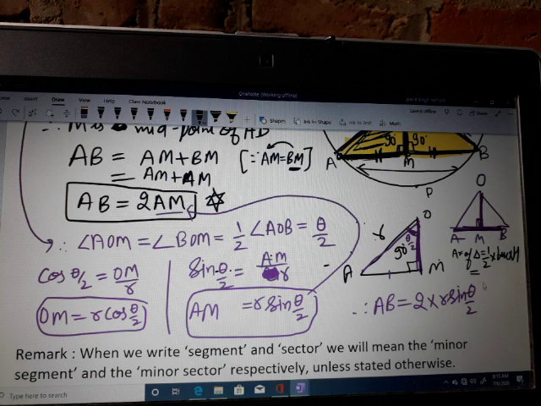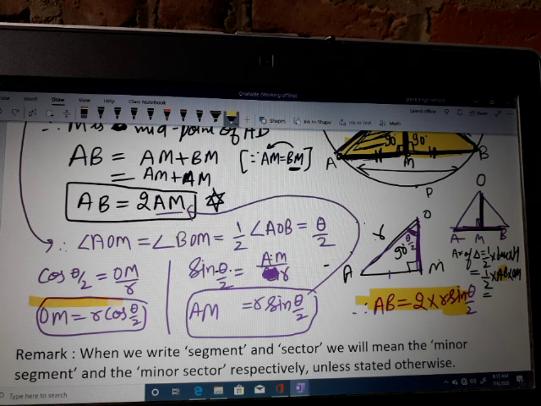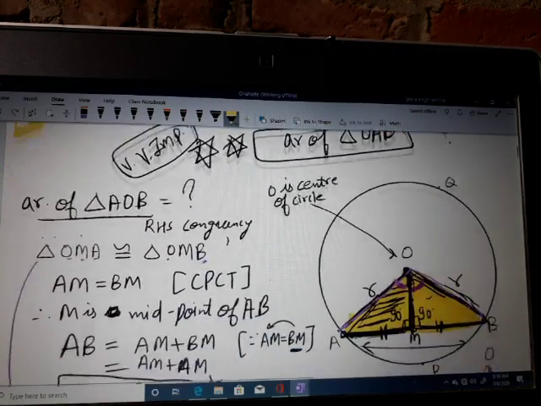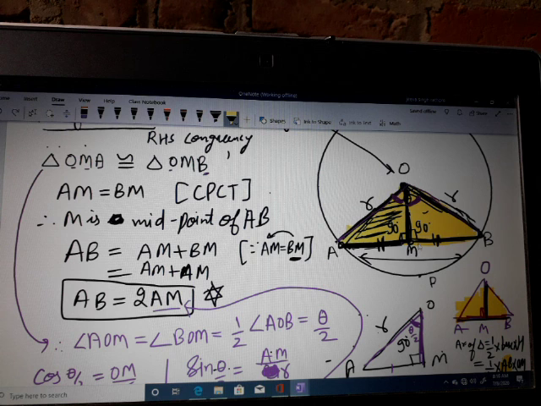Base is AB, so 1 by 2 into AB, and what is the height? Height is OM. I am putting these values. AB I already found, and OM I already found. You can easily find out the area of this triangle drawn in the diagram.